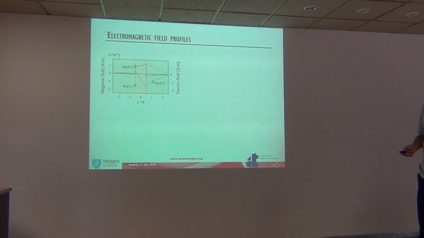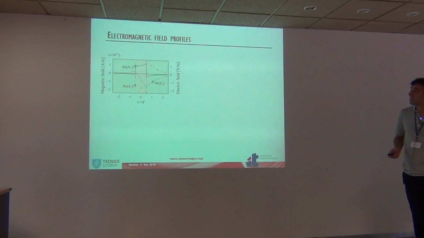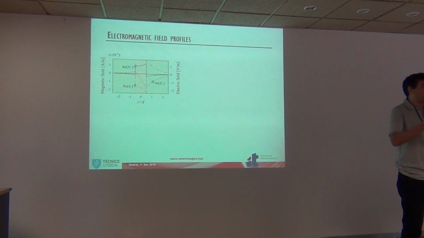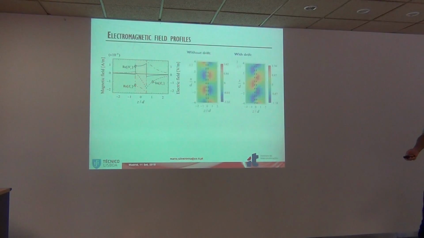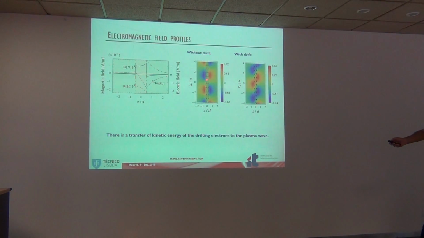Okay, let me also show you very quickly the field profiles of this unstable mode. They are analogous to plasmons, so this is what you see here. They decay exponentially. And it is interesting to compare what happens. This is a plot of the longitudinal component of the electric field, and the arrows are the Poynting vector.